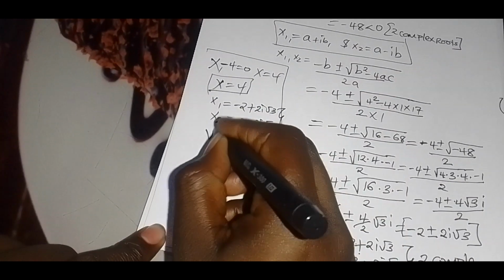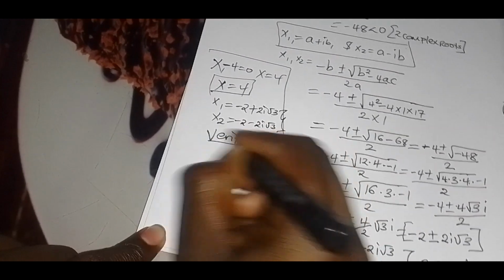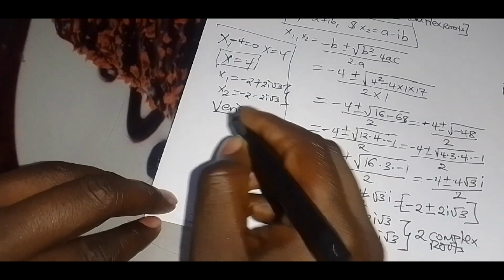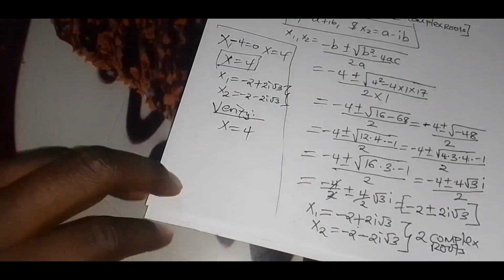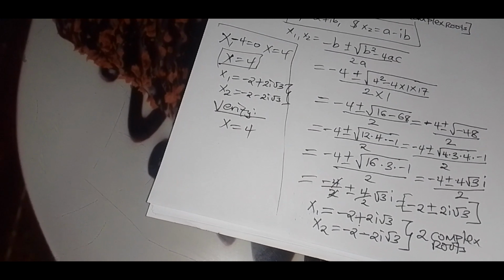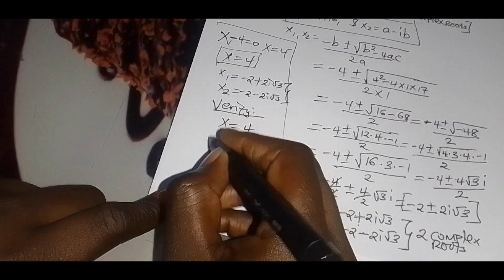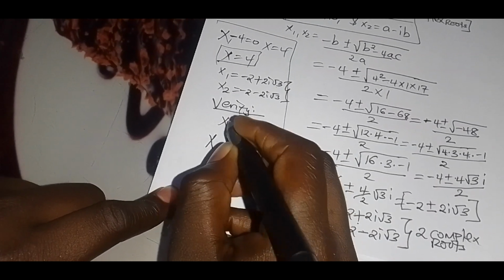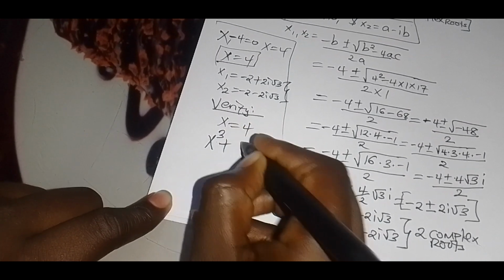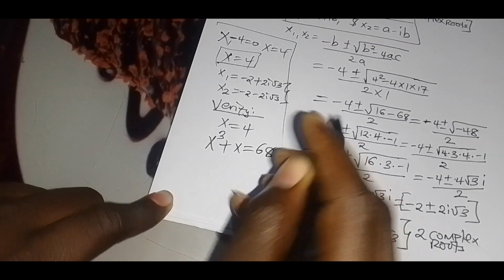So let's verify if this value of x, which is equal to 4, satisfies the equation. Remember, the equation is x raised to power 3 plus x is equal to 68.